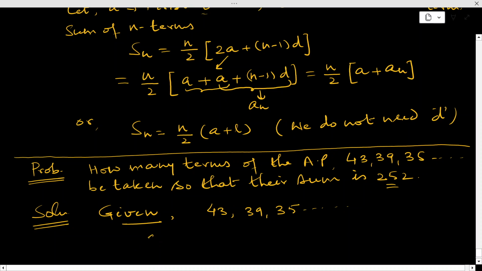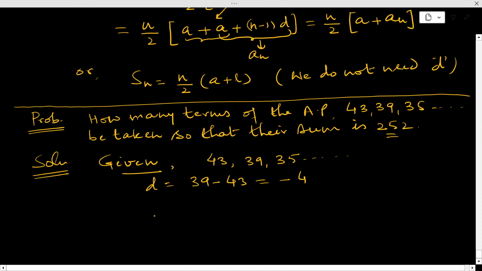So we can easily find the common difference d, and we know that it is the difference between any two consecutive terms. So let us consider this as 39 minus 43. This comes out as minus 4. And we also have the sum.